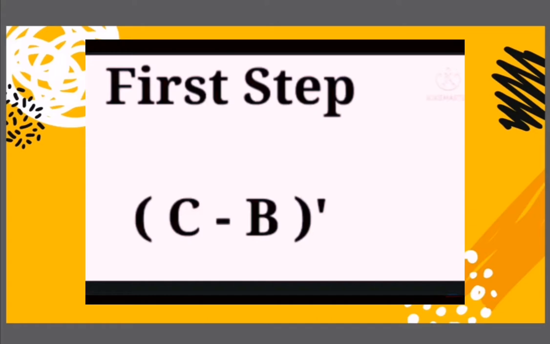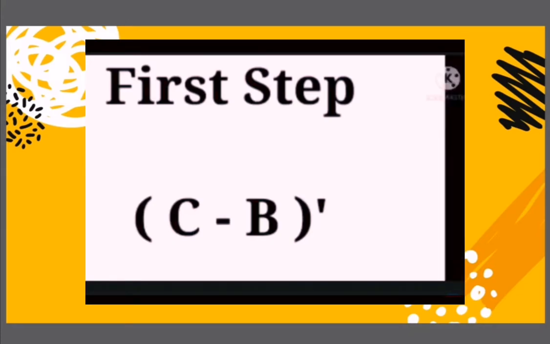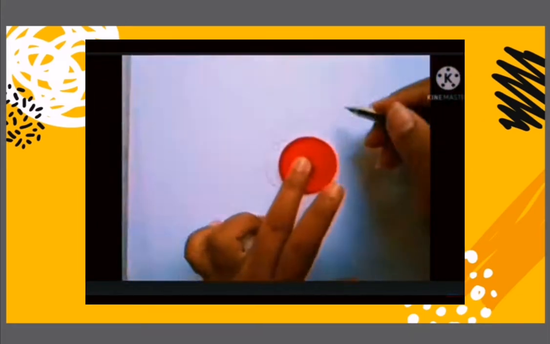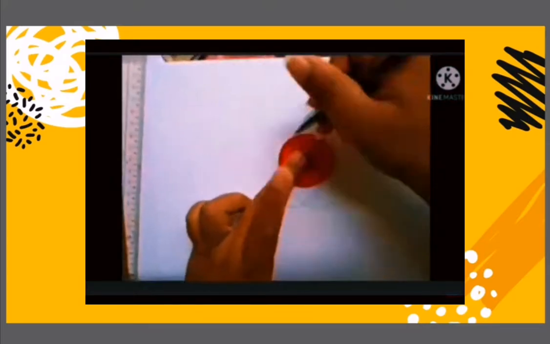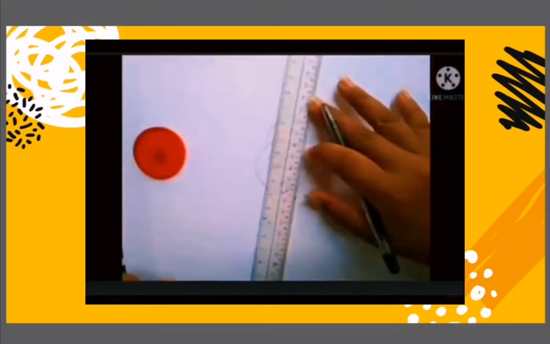In finding C minus B complement, we need to draw and shade every set before we combine each set. We make first a Venn diagram for our sets.